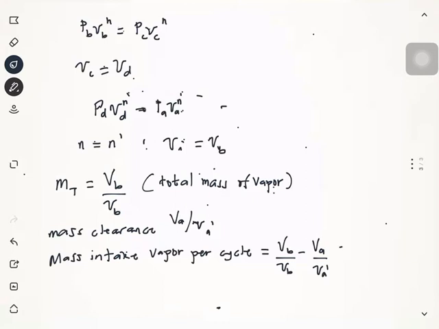So since VA prime is equal to VB, then we can write this one as VB minus VA all over VB.